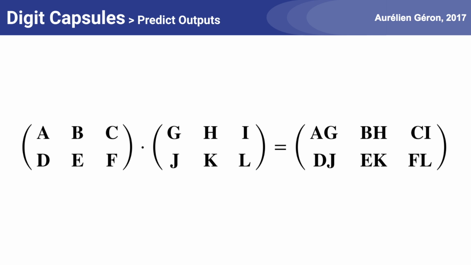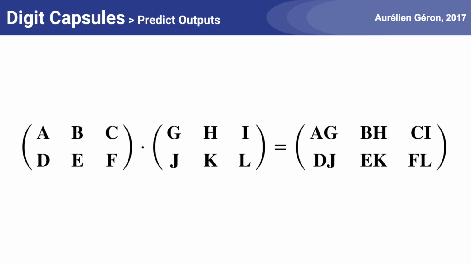So here's how it works. Suppose A, B, C, D, E, F, and G, H, I, J, K, L are all matrices. You can put these matrices in two arrays, each with 2 rows and 3 columns, for example. So we have 2 dimensions for this 2x3 grid of matrices, and each matrix is 2-dimensional. So these arrays are 2 plus 2 equals 4-dimensional arrays.